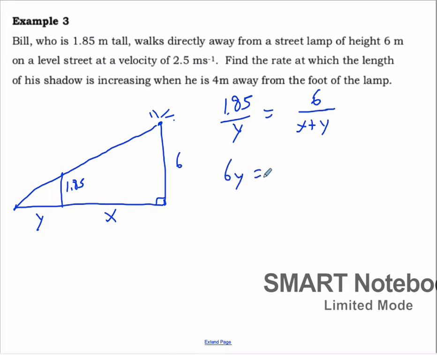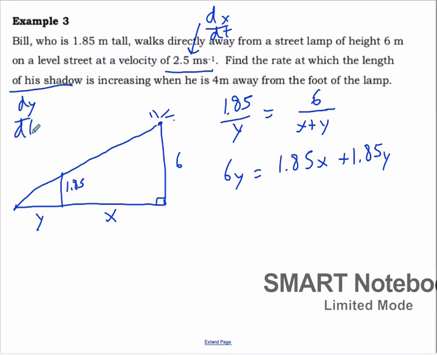We get 6y equals 1.85x plus 1.85y. What else is given in the question? It walks directly away from the street lamp with this velocity, so that's dx/dt. And we want the rate at which the shadow is increasing, that's dy/dt. If I differentiate this implicitly, I can get those values.